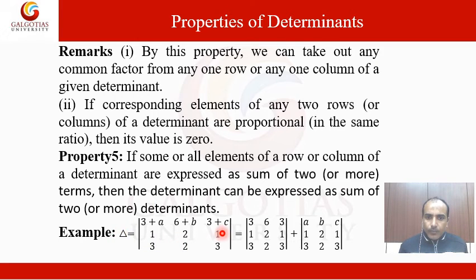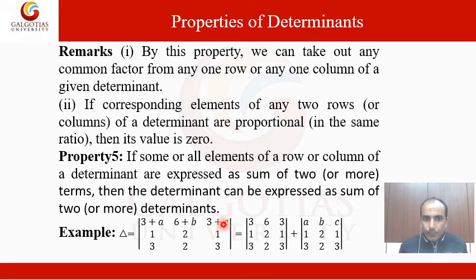In this example, we can see the first row of this determinant. Every element is written as the sum of two distinct elements, that is 3 plus a, 6 plus b, 3 plus c. So we can write this determinant as the sum of two determinants, one with the first element of the first row and the second with the second element of the first row.